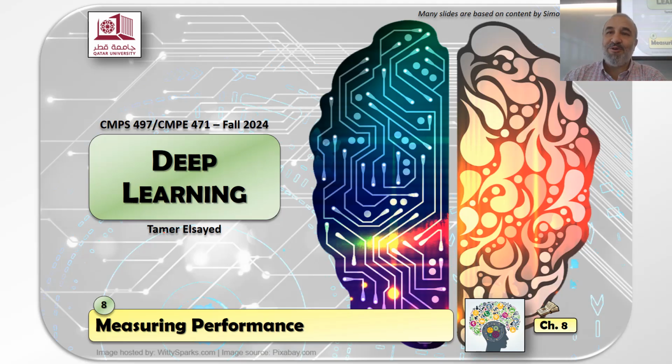Now, new session. Any questions before we start this new session? Okay. Now we have about 10 minutes. The new session will be about measuring performance. Where are we in our course? We just finished talking about training, right?